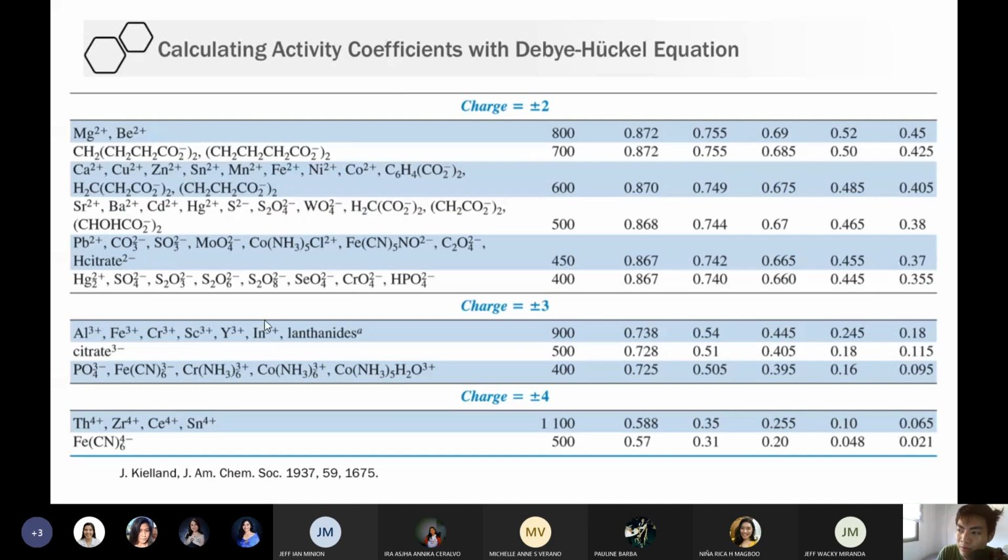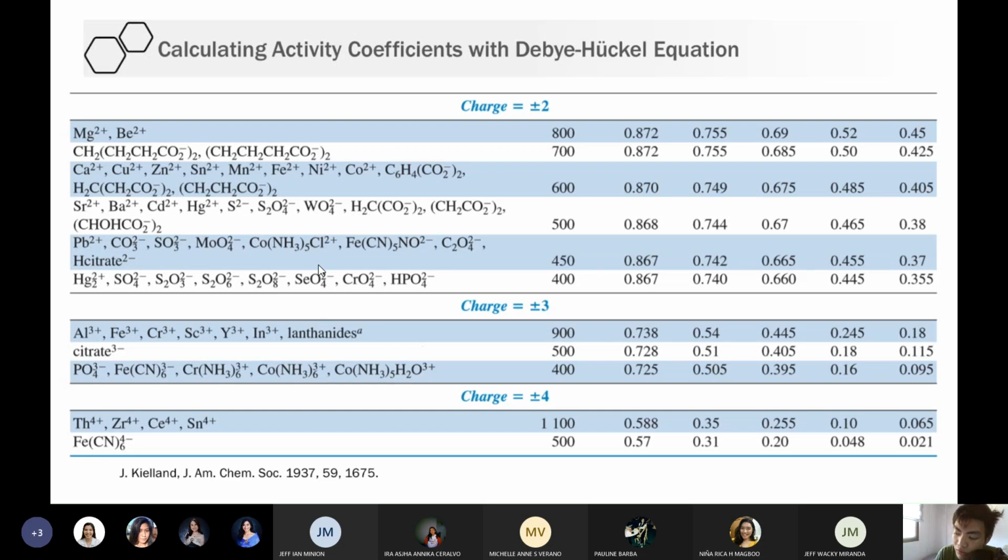This paper was published in the Journal of the American Chemical Society in 1937. That was before World War II. He published this paper with the activity coefficients all written for different ions. So that means there is no need anymore to use the Debye-Hückel equation.